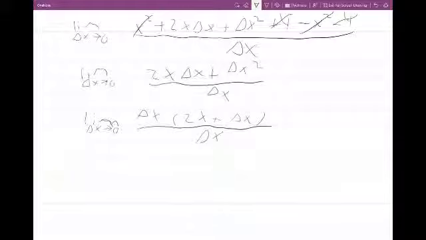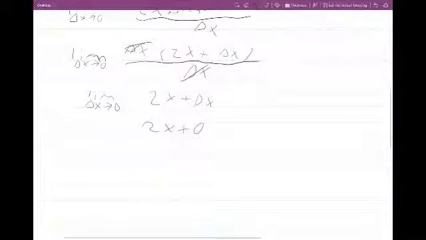Delta x divided by delta x cancels out, and you're left with the limit as delta x approaches 0 of 2x plus delta x. Now you can plug in 0 because delta x is not in the denominator. You're left with 2x plus 0, which is just 2x. So the derivative of x squared plus 4 is 2x.